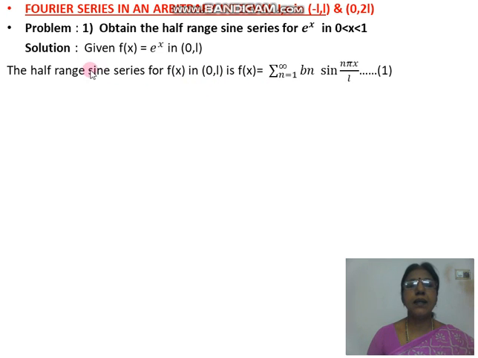Okay, in the 0 to L interval the half range sine series is f of x is equal to sigma bn sin n pi x by L.